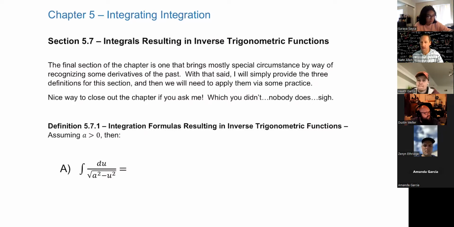I'm not even going to derive them because these are things that we will see in the future, but even then, not a whole lot of. All right. So this section is all about integrals that give us inverse trig functions.